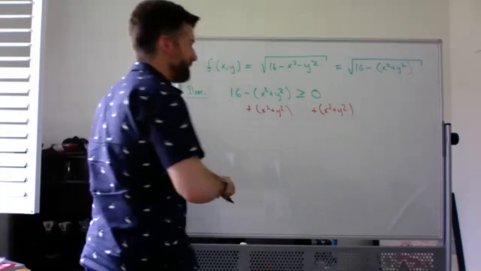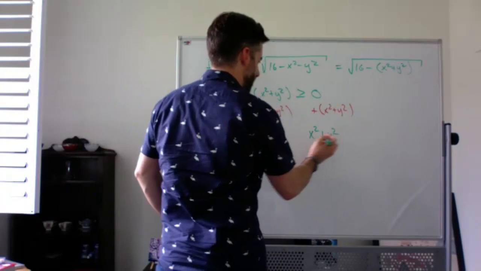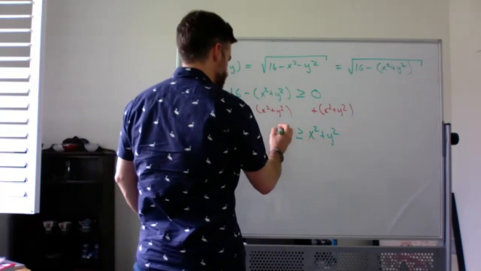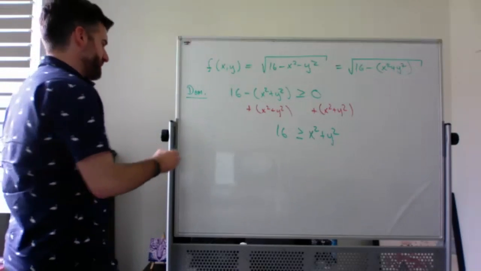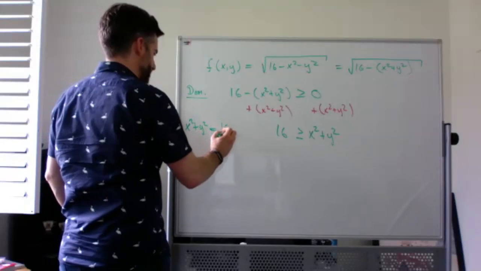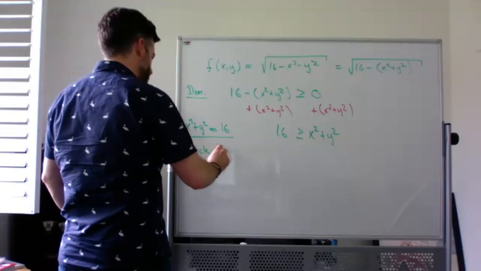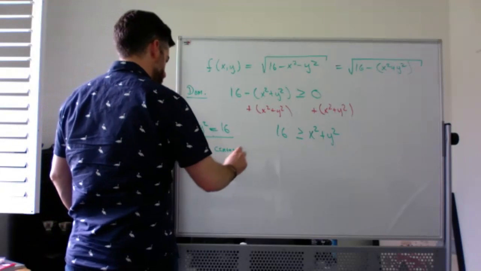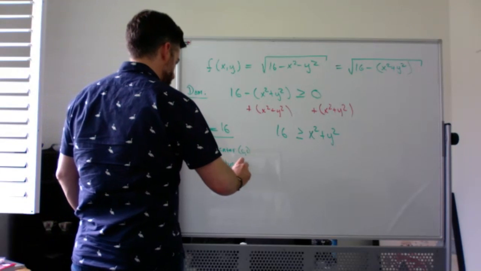So now I've got the inequality, x squared plus y squared is less than or equal to 16. Now, from our experience, we know that x squared plus y squared equal to 16 is a circle with center at the origin and radius square root of 16, which is 4.